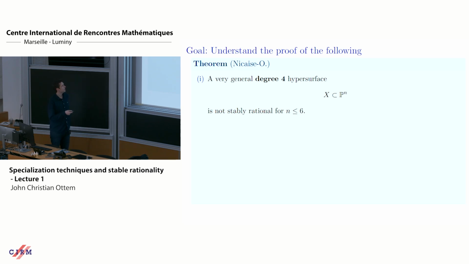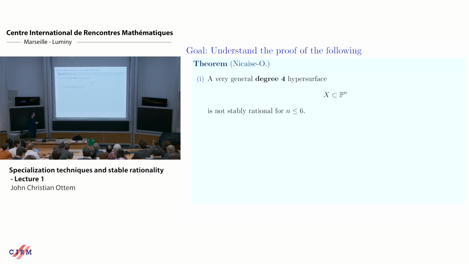It's just saying that a very general degree 4 hypersurface in projective space is not stably rational if the dimension is at most 5. So that means that in P6, if you take a quartic polynomial, a random one, then this will not be rational.